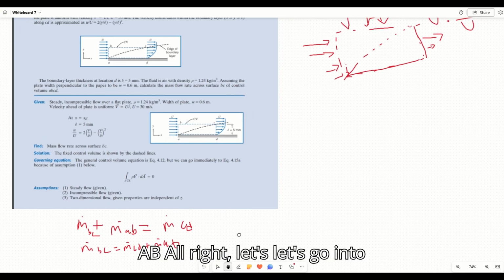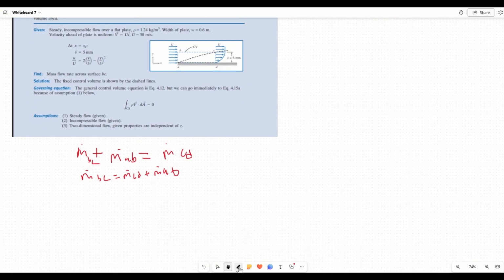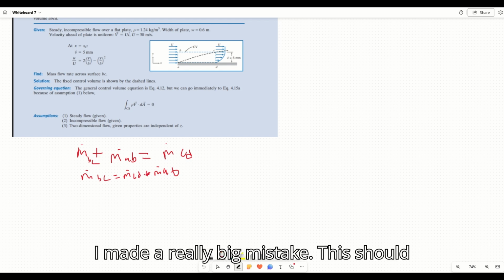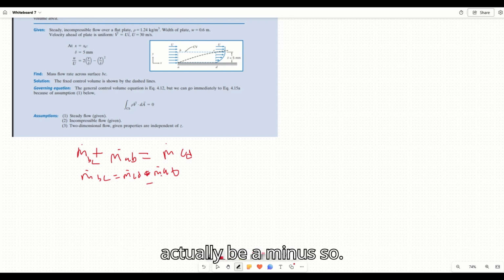Alright, let's go into it. So mass of, we'll start with, I made a really big mistake. This should actually be a minus. So let's start with AB.